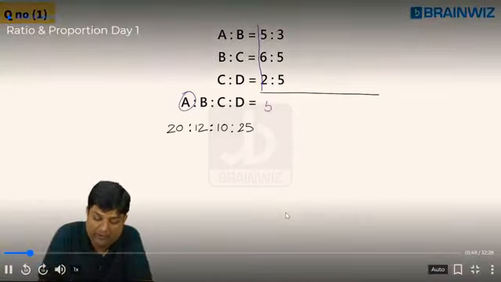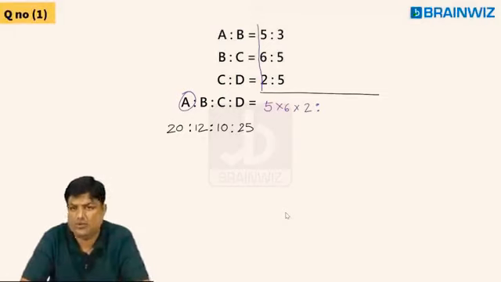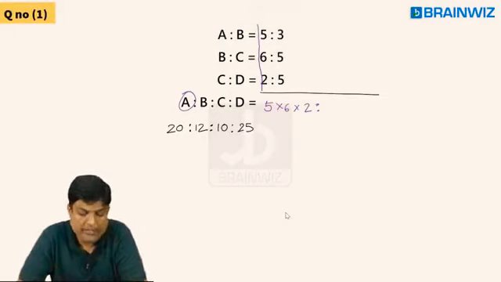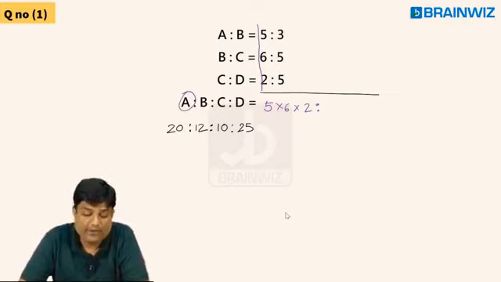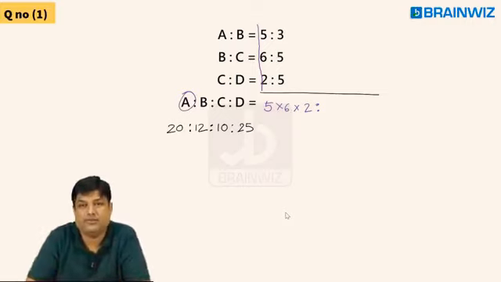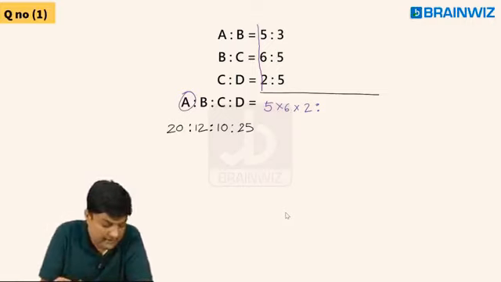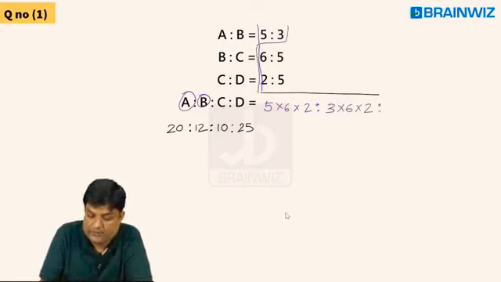Listen, everybody. First you listen. 5 into 6 into 2. Just listen, don't try to do anything. I know you have books and pen and paper. If you want the A value, you are supposed to multiply all these vertical values. Following, everybody? Good. Second value, B: multiply all these things, 3 into 6 into 2.